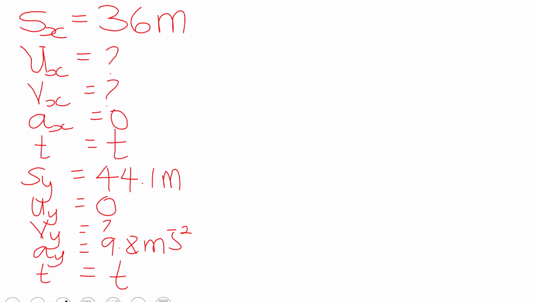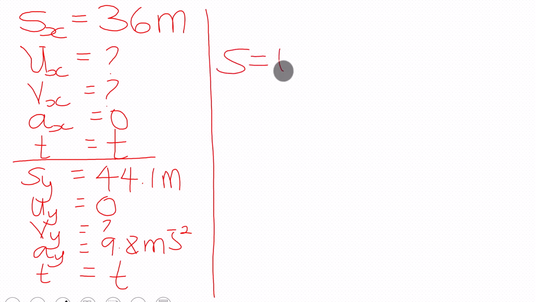So from here, when you look at this information, you realize that the y direction has more information. So we can use the second equation of motion, which is S is equal to ut plus a half at squared.